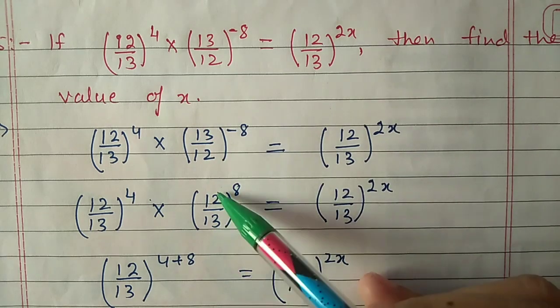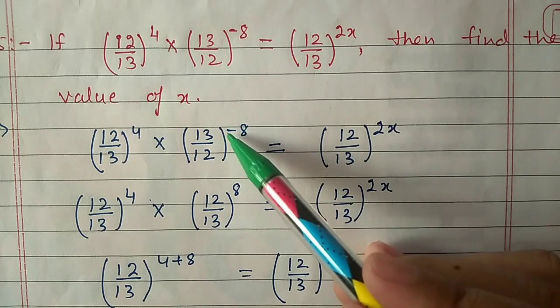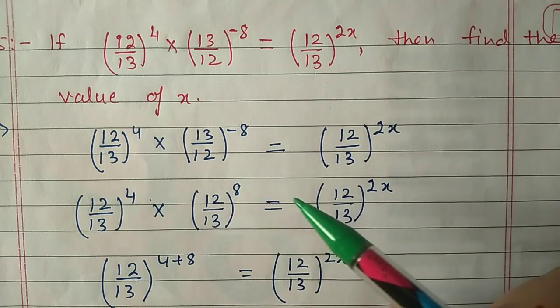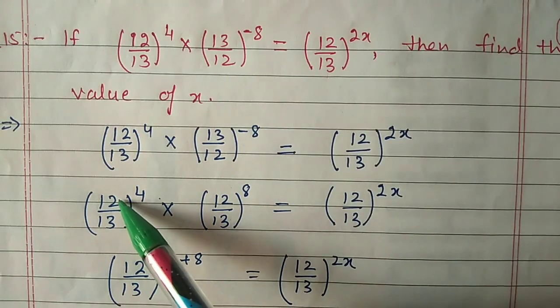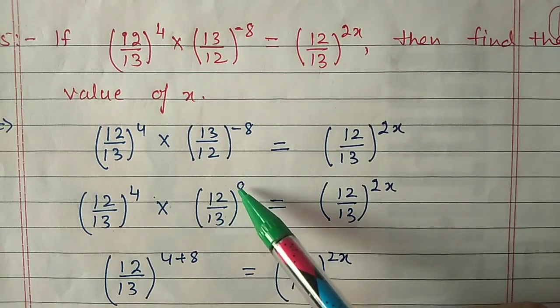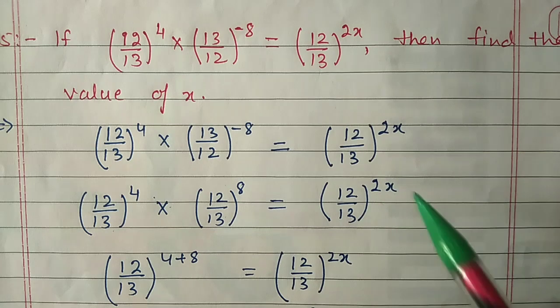And when we are taking the reciprocal, for this power we have to change the symbol. First, it is minus. When we are making 12 by 13, we have to make it plus 8. So it will become 12 by 13 to the power 4 multiplied by 12 by 13 to the power 8 is equal to 12 by 13 to the power 2x.